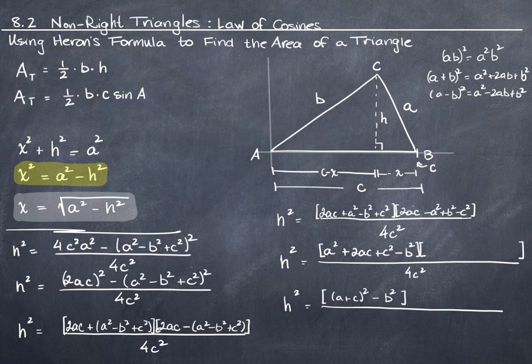Now I'm going to do the same thing with the second factor, this factor here. But in this case, it's a little bit tricky because my 2ac is positive, which means it feels like I should be in this situation here. But it's a and c instead of a and b, so I should have an a squared and a c squared. But I have a negative a squared and a negative c squared. If I have a negative 2ab or negative 2ac, then my a squared and my b squared are positive.